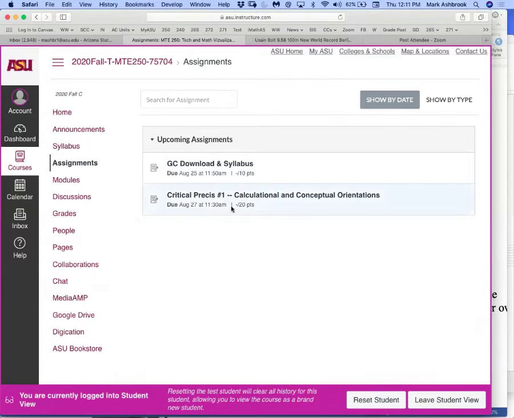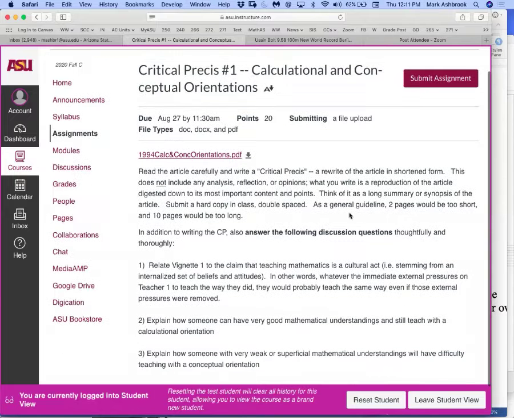Okay? And so here's some information about that. There's no analysis, reflection, or opinions from you. It's just a rewrite of the article in a shortened form. Does that make sense?